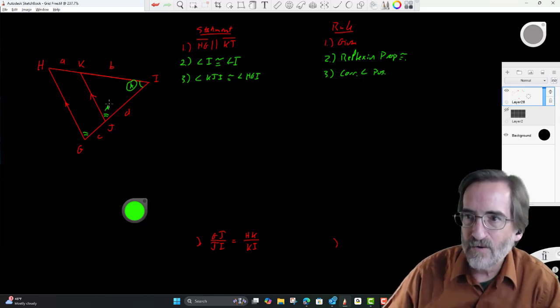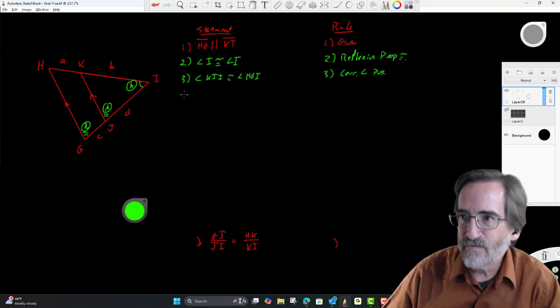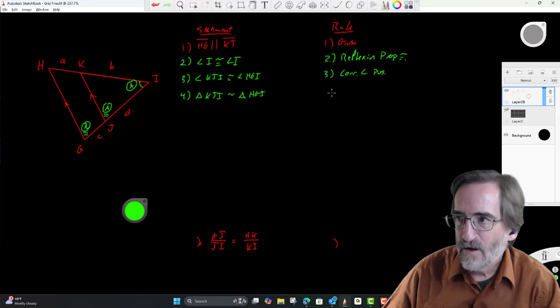So we've got an angle congruent to an angle. Now angle is sufficient to prove the triangles are similar. So triangle KJI, the small triangle, is similar to triangle HGI. And that's by the angle similarity postulate.